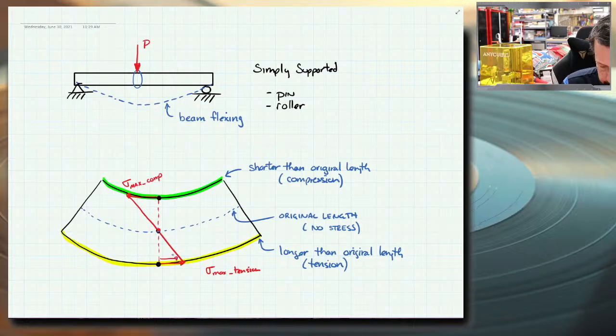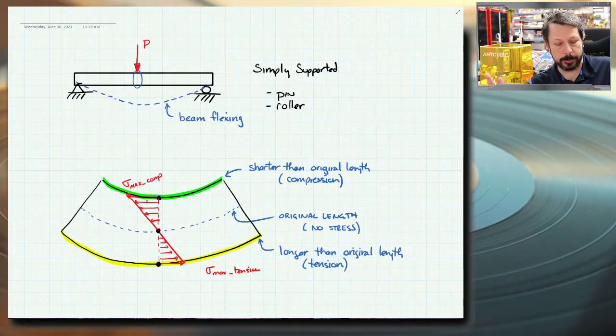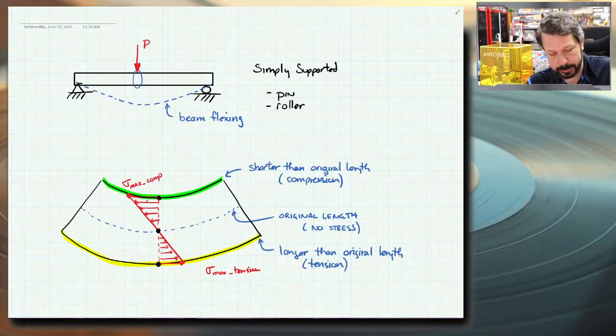And it's going to vary, as we get closer to that mid part of the beam where there's zero stress, the stress is going to decrease. So whether you're in compression, it's going to get more and more positive until it gets to zero. And then once it gets to the zero point and you keep going deeper into the beam, towards the bottom of the beam in this case, it gets more and more positive until it gets to the maximum positive stress in the beam.